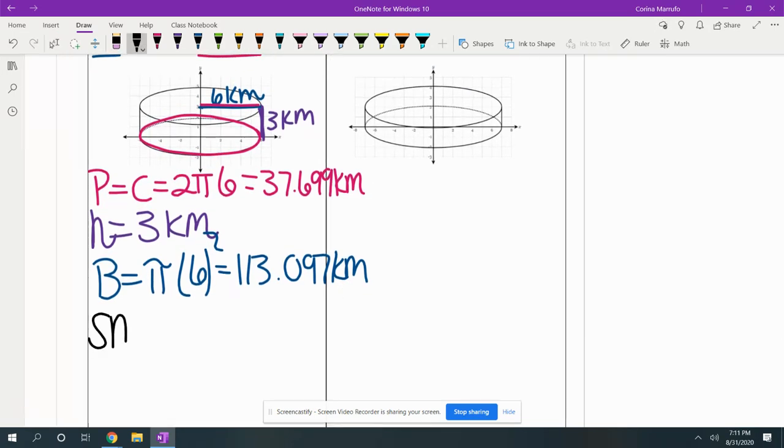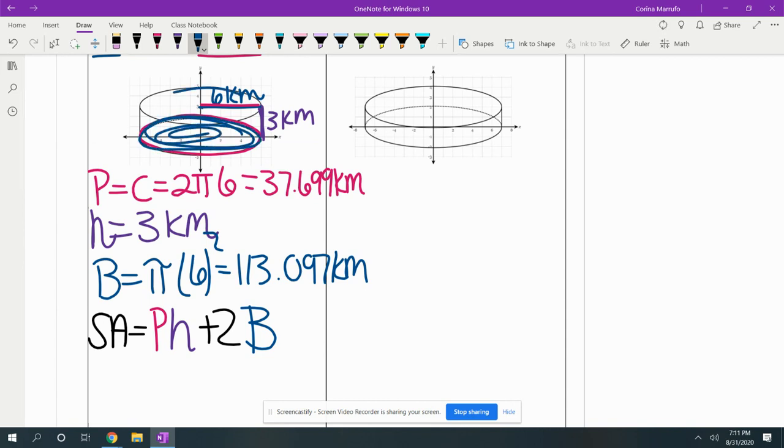formula, which is equal to PH plus 2B. Okay, we have 2 bases. We have 2 circles, one at the bottom and one at the top, okay? That's where that comes from. Okay, so then we plug in all the information that we already found.